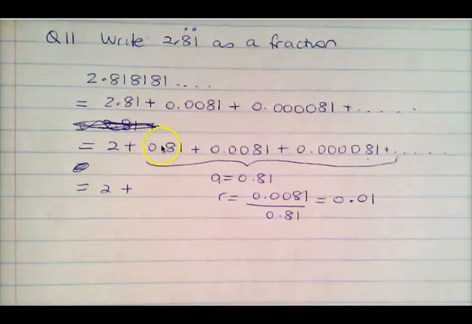To go from 0.81 to that term, you multiply by 0.01, which gives you 0.0081. And to get from 0.0081 to this other term, you're multiplying by 0.01 again. So this is a series with A equal to 0.81 and common ratio 0.01.